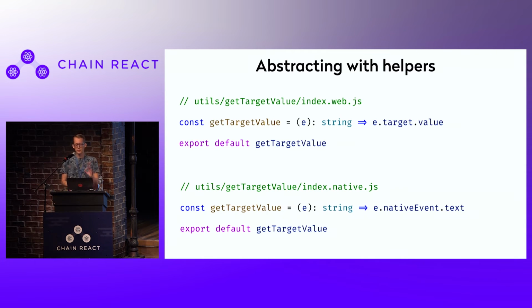So there's a lot of really small trivial differences like that. And what we do is you just make a simple helper, which is essentially one line of code, with index.web.js, index.native.js. You encapsulate the entire difference between those 2 platforms. And then in actual components, you don't see that difference. You just import a helper, use that, and all of the component level code is the same.